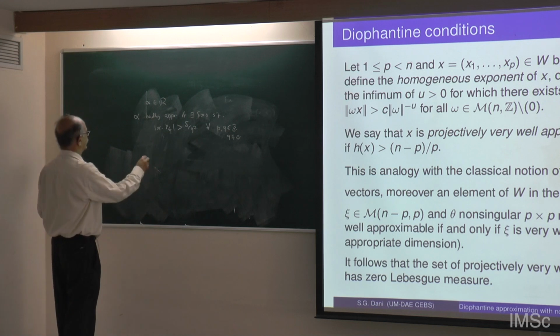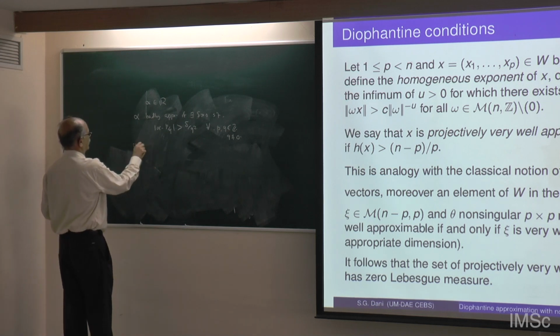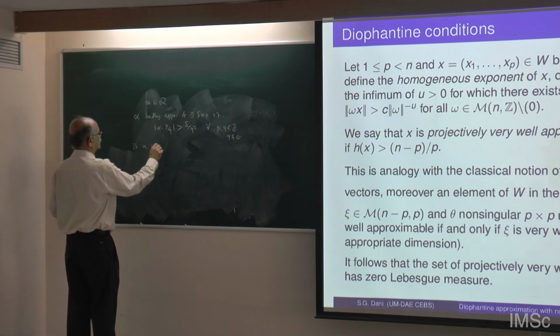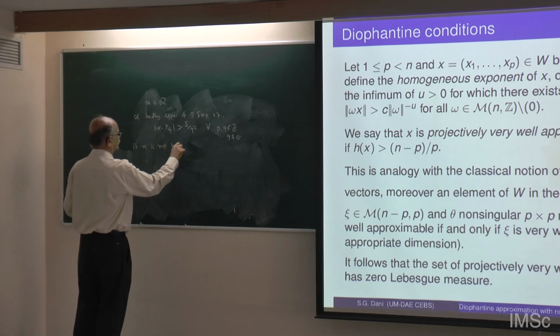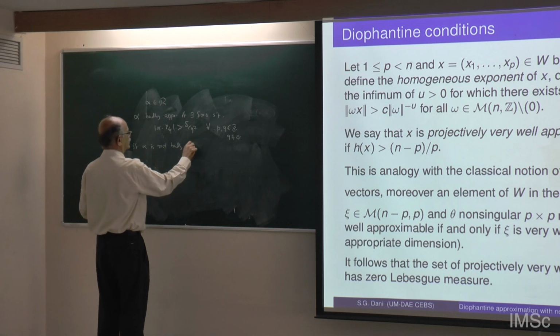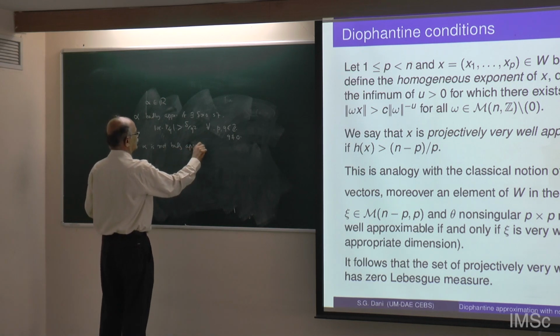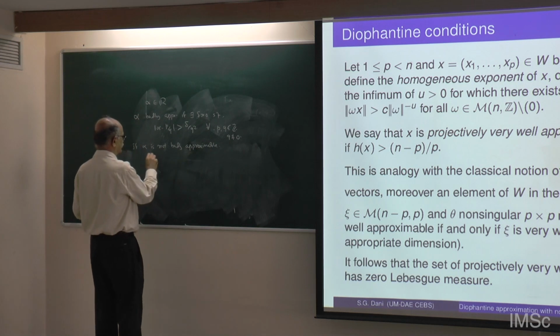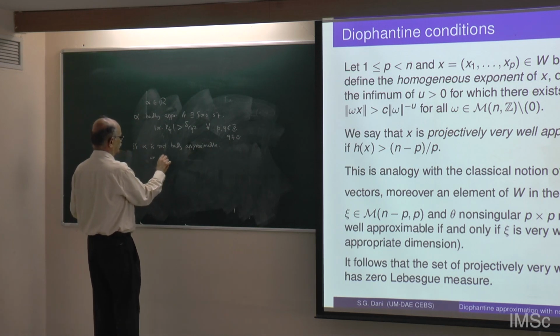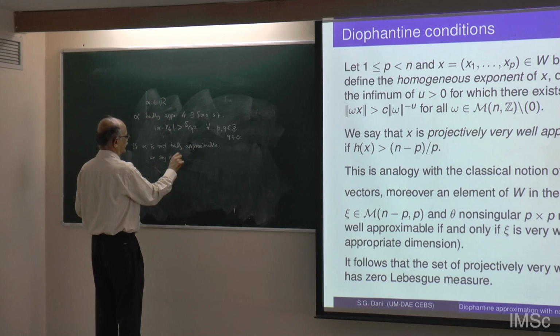On the other hand, if alpha is not badly approximable, we say it is well approximable.